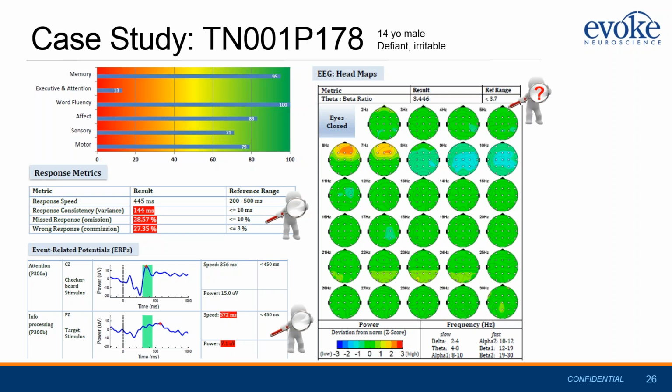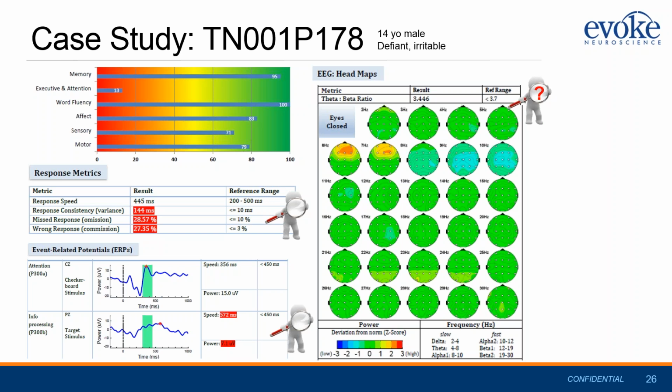When I look at my theta-beta ratio, though, I see that I'm not quite exceeding the reference range. And if you'll note, this report is showing a different reference range than our previous report we looked at. That's because this patient is 14 and the last patient was 20. So remember, the reference range shifts depending on how old the patient is.